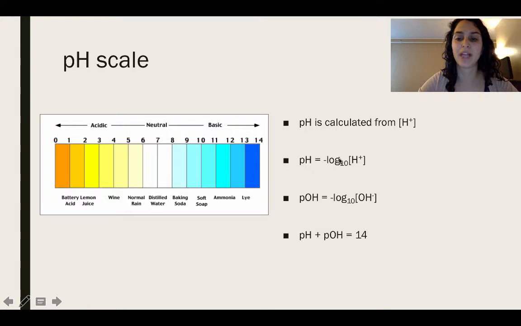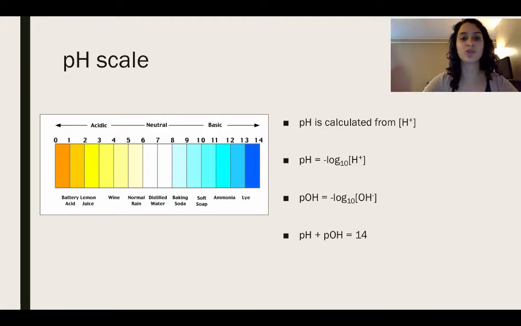Here with pH, it's of the concentration of hydrogen ions. Here with pOH, it's of the concentration of hydroxide ions. And these two values, pH and pOH, are related to each other by pH plus pOH equals 14.